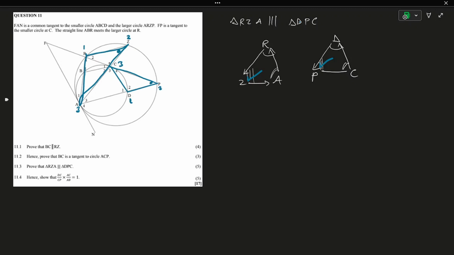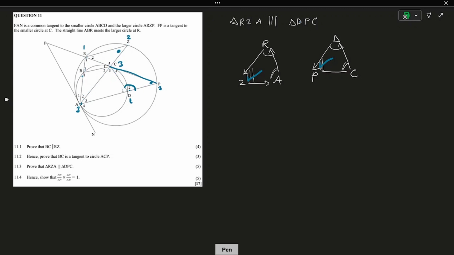So what I see is, we see that this D2 is an exterior angle of the cyclic quad ABCD. I don't know if you see it because this diagram is now messy, but ABCD is a cyclic quad and there's an exterior angle of D2. So this means that D2 must be equal to angle B. Let me just remove this.